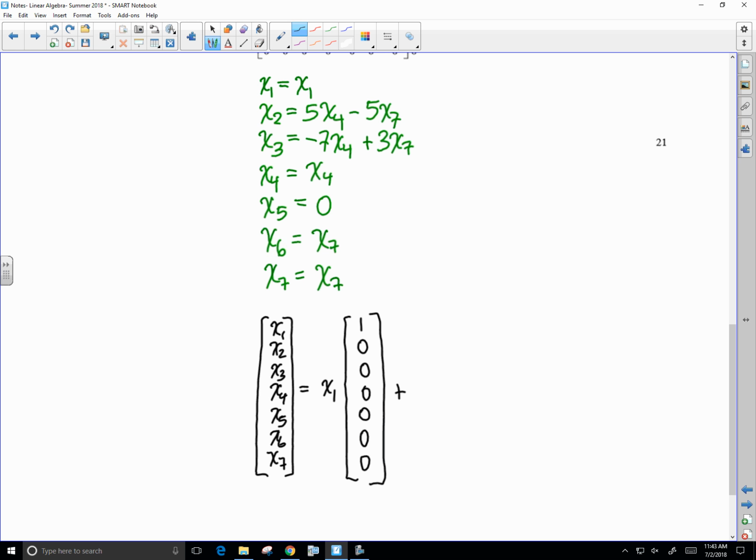Plus x4, let's see, we have a 0, 5, negative 7, 1, 0, 0, 0.